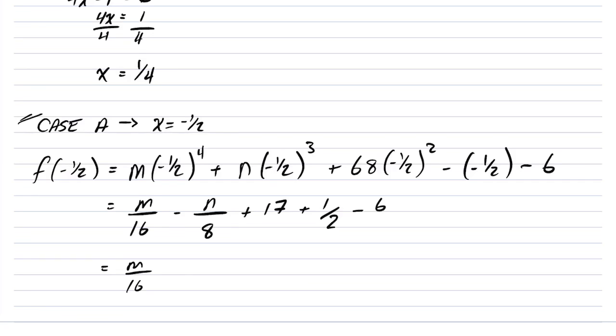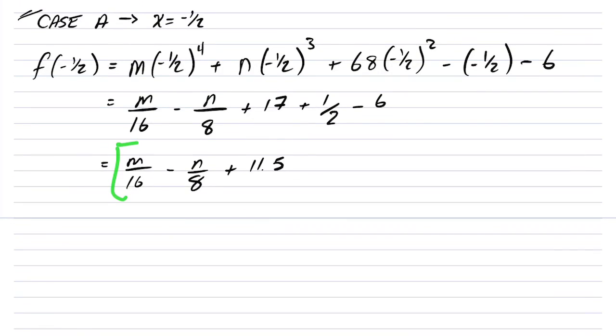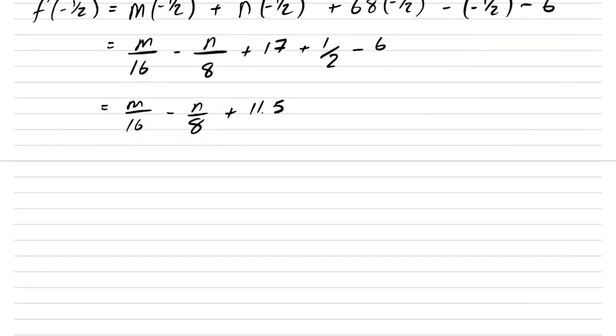This is m over 16 minus n over 8, plus 17 minus 6 is 11, plus 1/2 is 11.5. Then I'm going to multiply everything here by 16 so that we don't have any fractions. So we got m minus 2n, and 11.5 times 16 gives us 184.